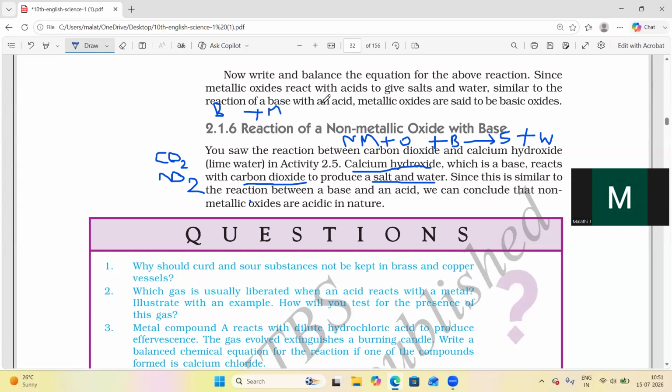What do you get? Salt plus hydrogen gas. This is also important. So acids react with metals, and bases react with metals, to give salt plus hydrogen gas.